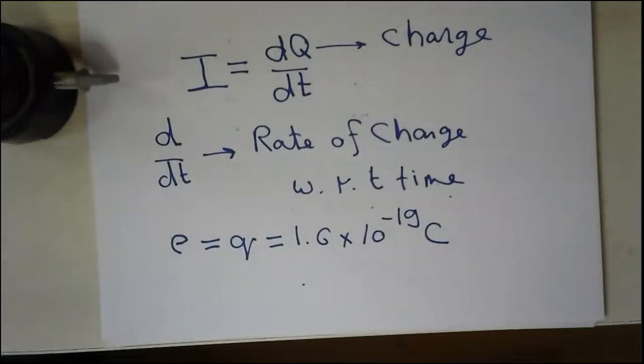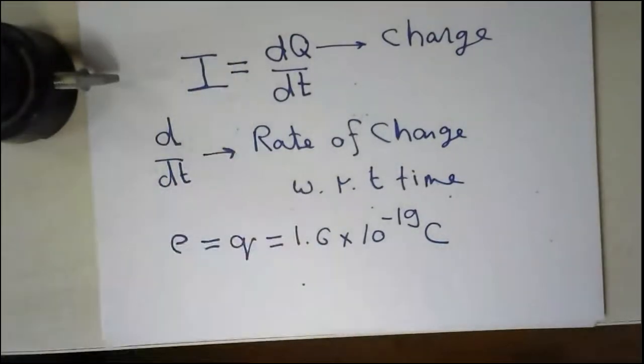But the question is, can any type of charge or any type of electron create electrical energy or create current? The answer is simply in this equation.